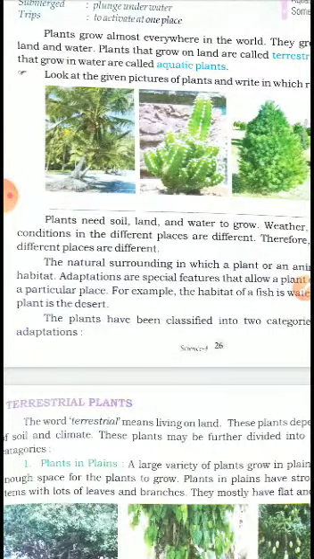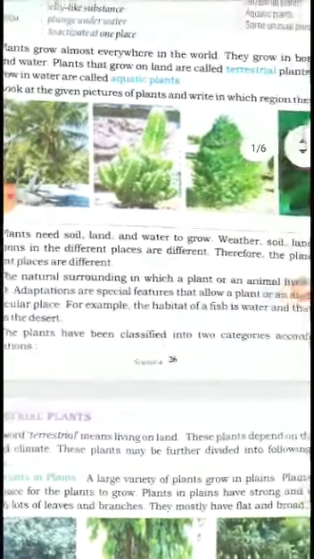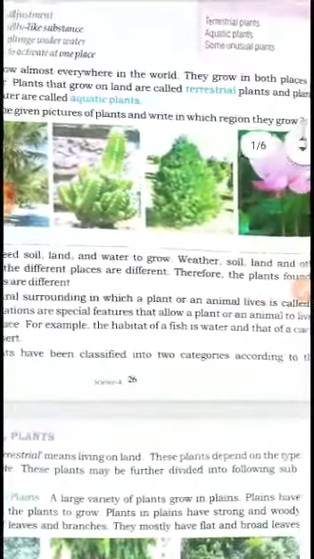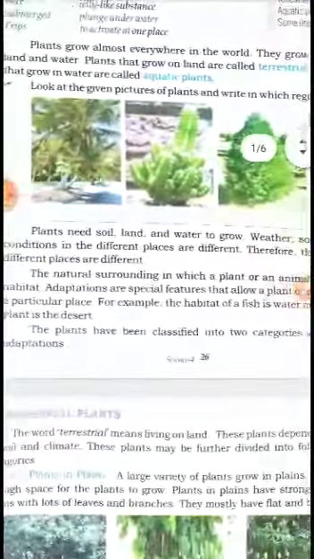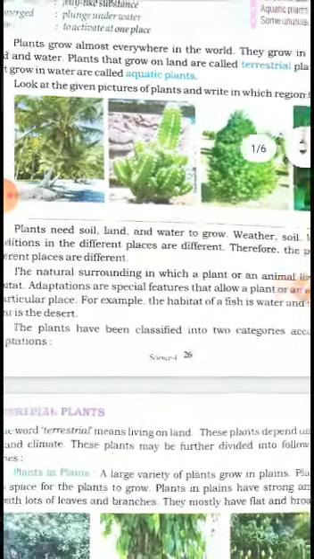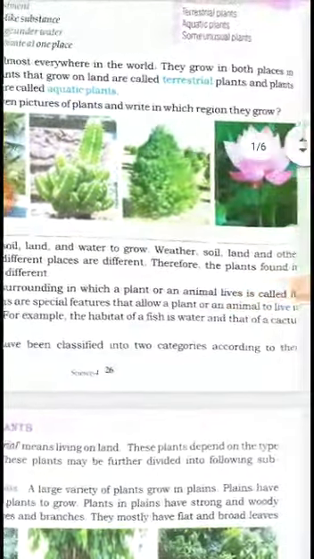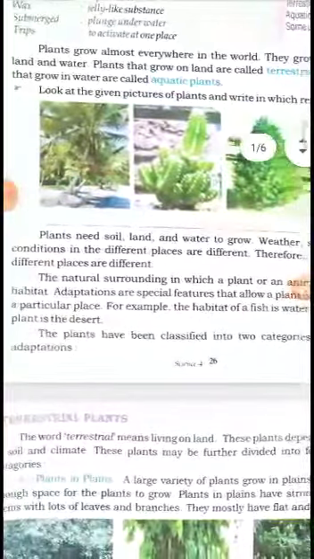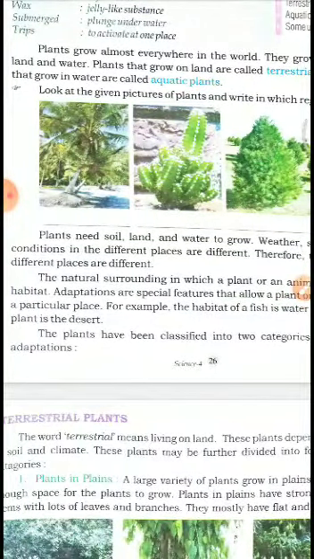Adaptations are special features that allow a plant or an animal to live in a particular place. For example, the habitat of a fish is water, and that of a cactus is the desert.